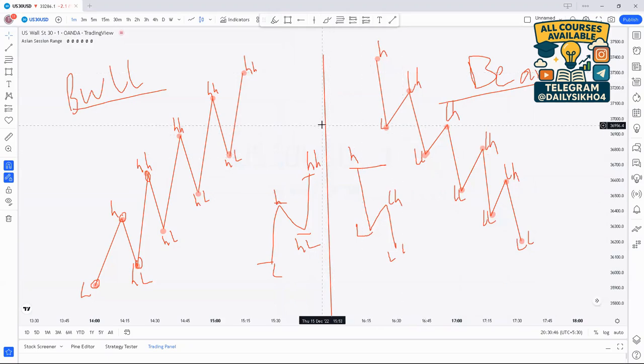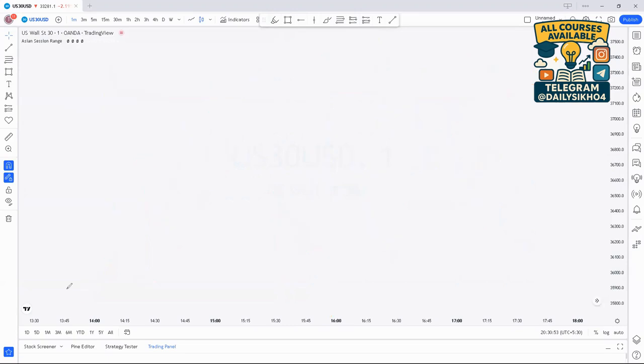This is how it starts. But in reality, the market structure most likely looks like this. So how can we identify the highs and the lows? It's simple.